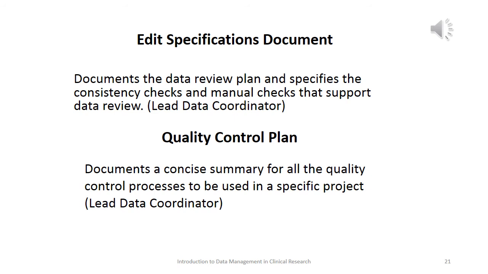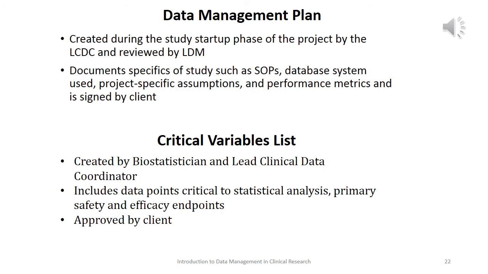The quality control plan is another element of our data management plan. It documents a concise summary for all quality control processes that we're going to use in our clinical trial. Our data management plan itself is usually going to be created at the startup phase, and will likely be created by a data coordinator or data associate, probably reviewed by our data manager.